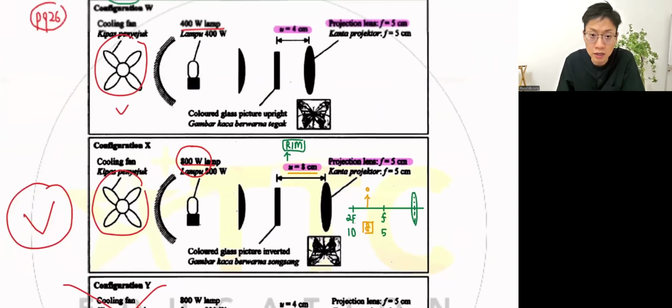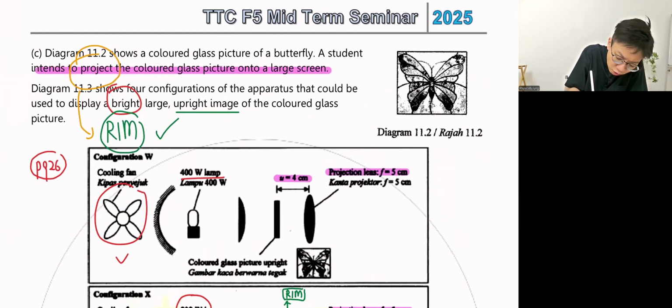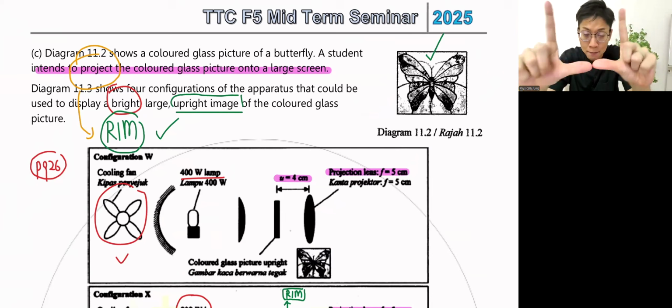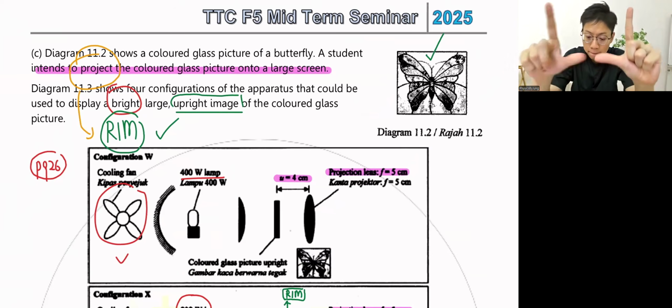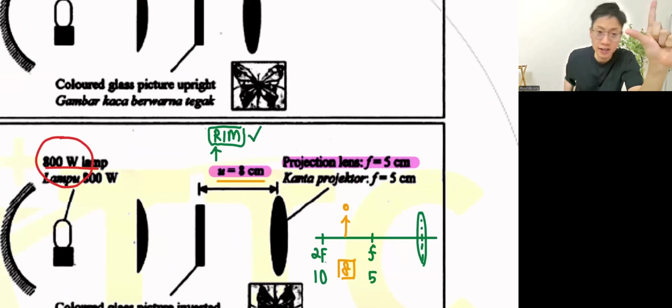But then my student keeps saying, teacher, but you see, they want an upright image. You want the butterfly like that one. I want my image to be vertical, like the butterfly like this, correct? But if it projects, it will form a real inverted magnified image.